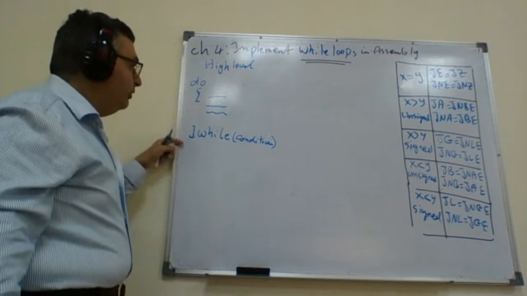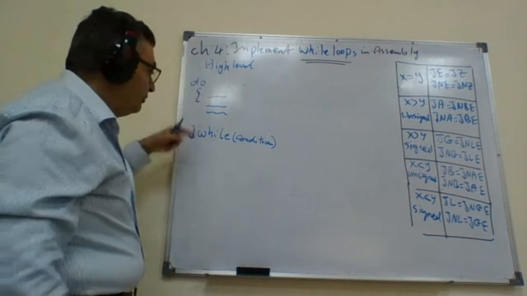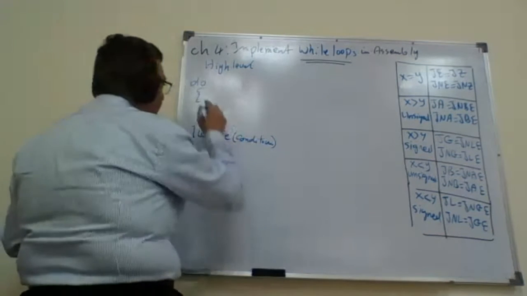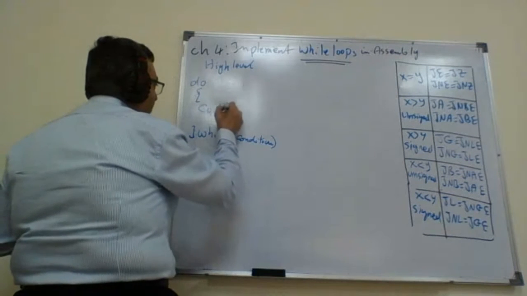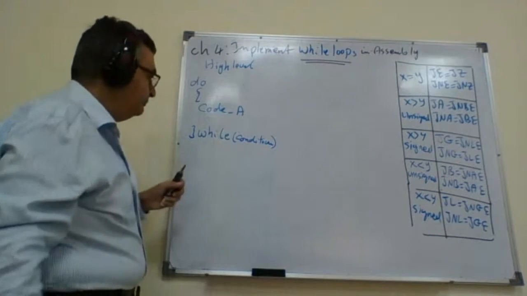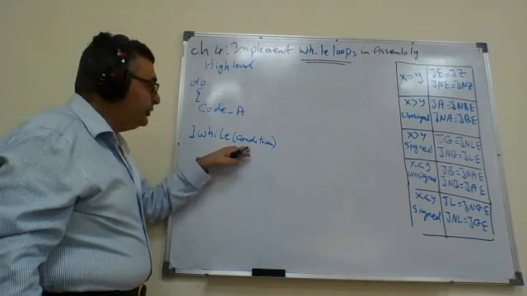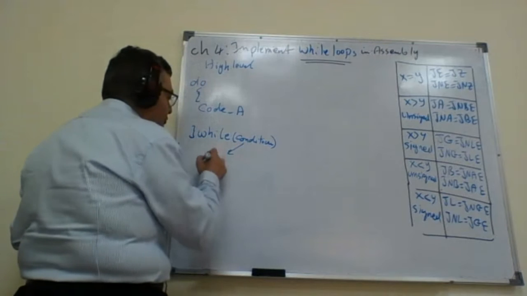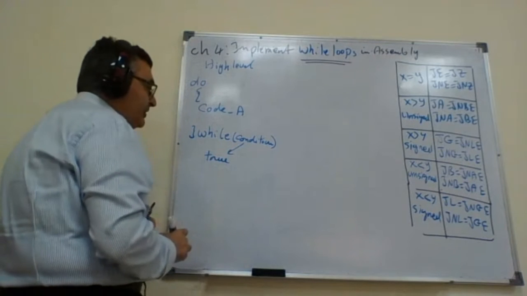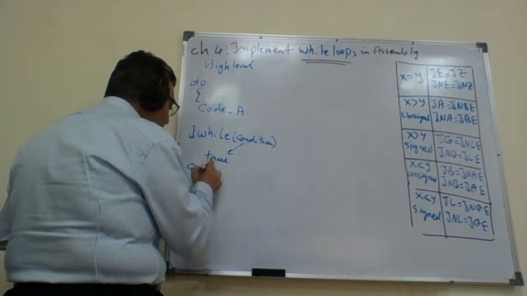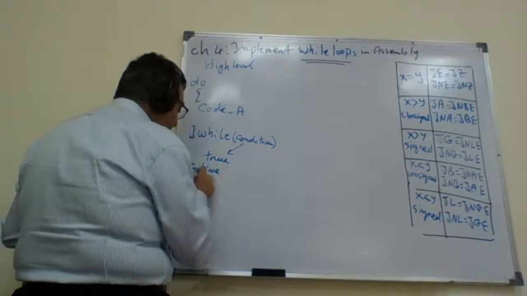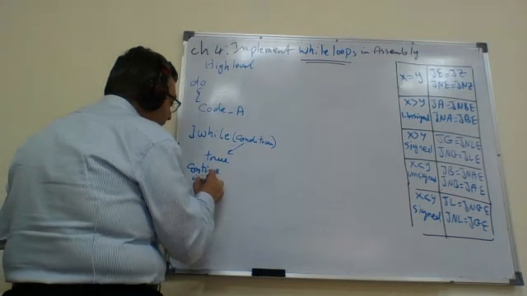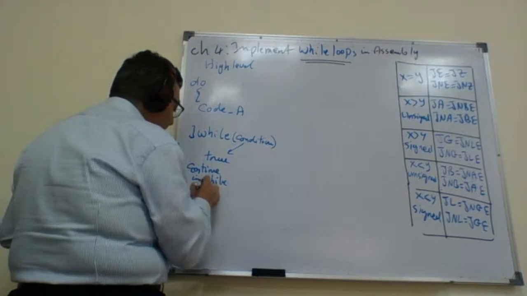So the do-while will perform some code. We can call it code A. If the condition is satisfied, evaluated as true, that means I will continue in the looping, the while iterations.